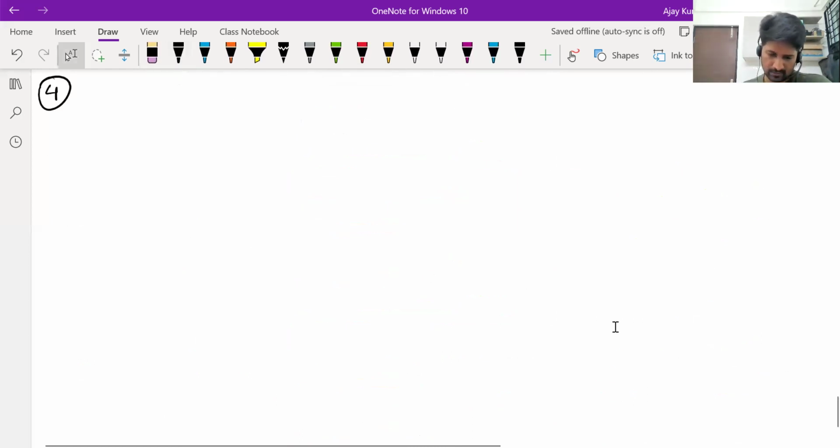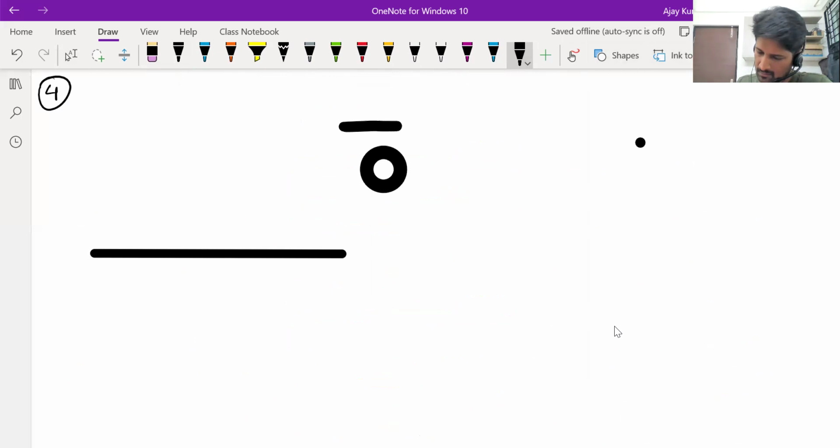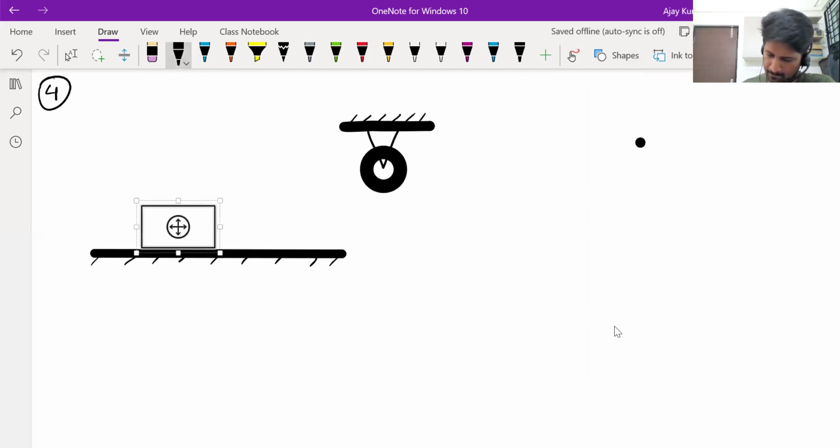Fine. Let's try another question. Let's say there's a rough horizontal surface and a pulley here. Assume a block is placed on that surface. Assume the mass of the block is some 4 kg.